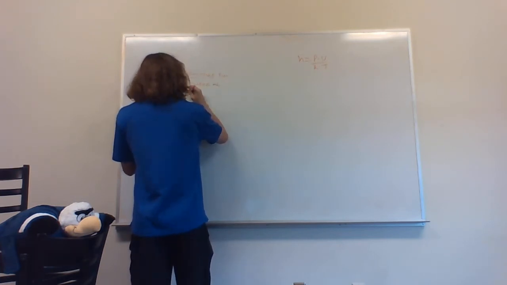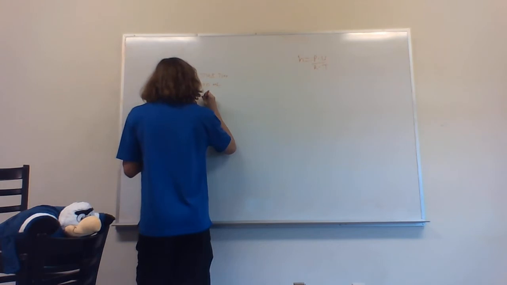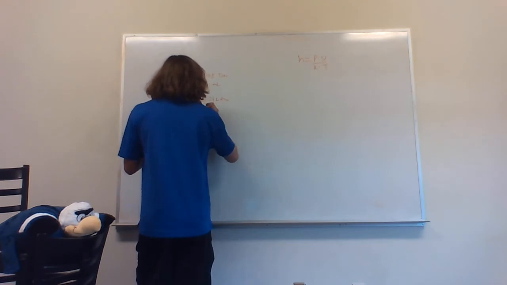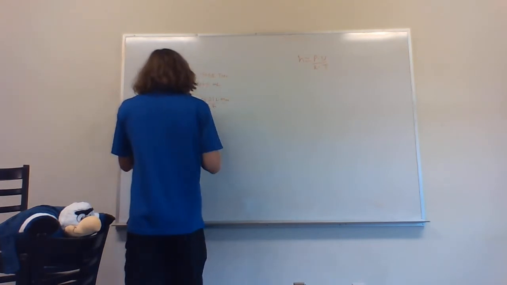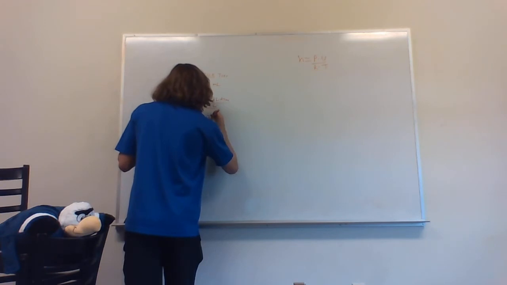We don't know our N, that's what we're looking for. R is the universal gas constant of 0.0821 liters ATM divided by moles times Kelvin. And our temperature is 20.5 degrees Celsius.